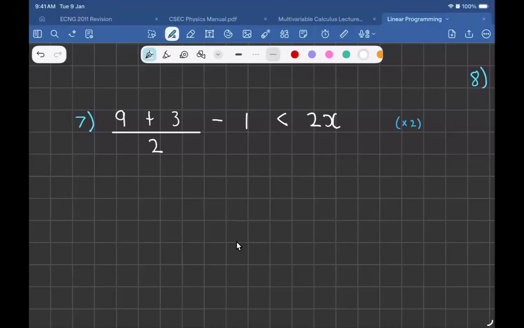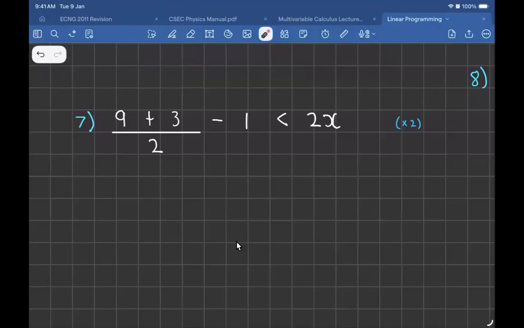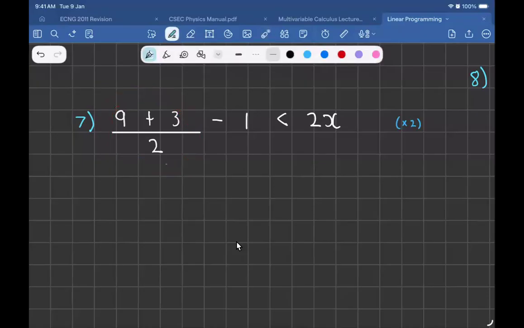So Ria, if I multiply every single thing by 2, what am I going to end up with after multiplying this term by 2? You know what? I should probably put the full working. We have 9 plus 3 divided by 2.